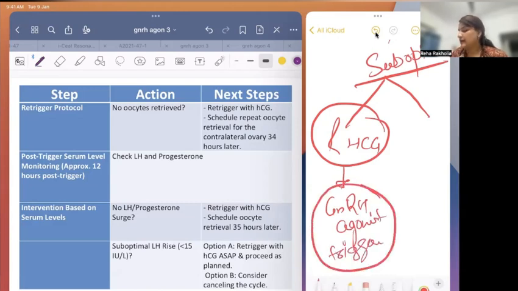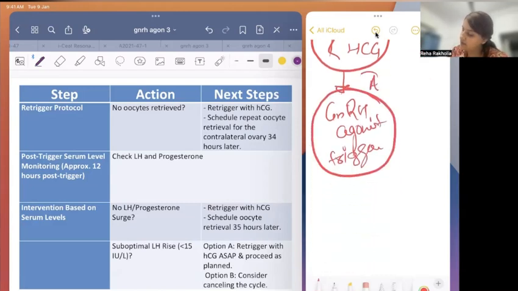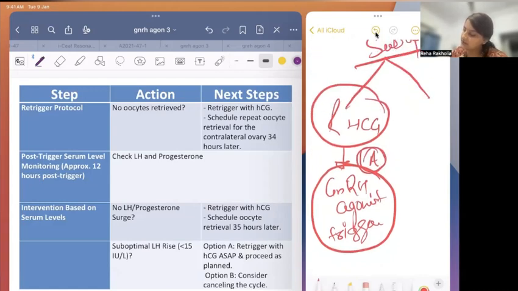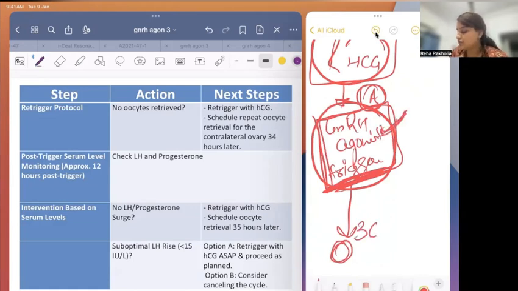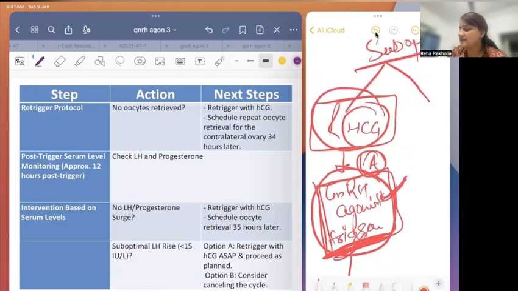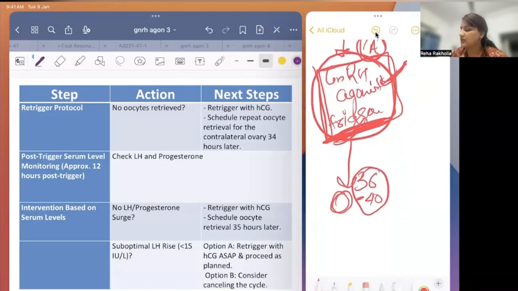That means we'll retrigger with HCG, but from the first trigger we'll plan our oocyte retrieval, 36 to 40 hours after the GnRH agonist trigger. Though we give the HCG trigger, we plan according to the GnRH agonist trigger.